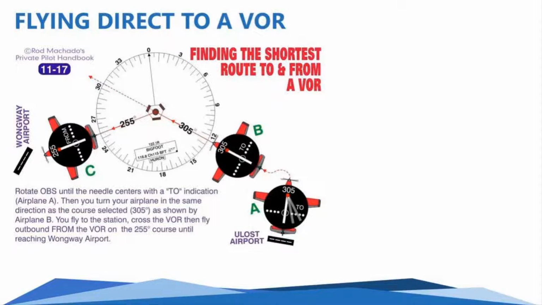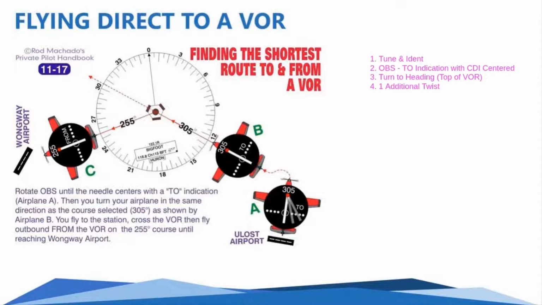And then the final thing that we do is we are basically getting 1 additional twist, and I'll show you what that is to ensure that you're on the radial. Okay, so we always tune and identify the VOR. From that point, we are going to twist the OBS in order to get a TO indication with the CDI centered.